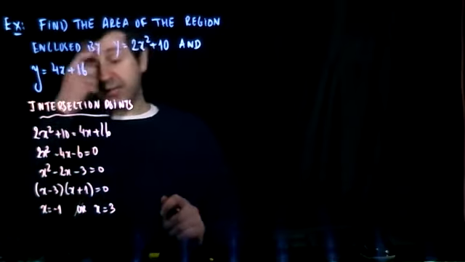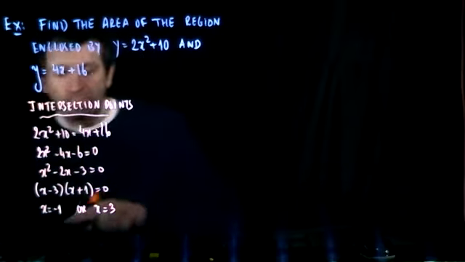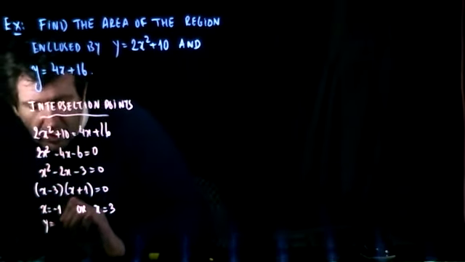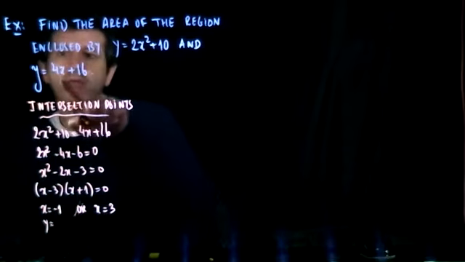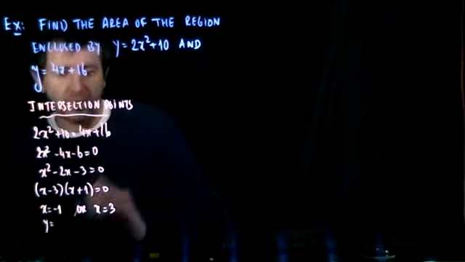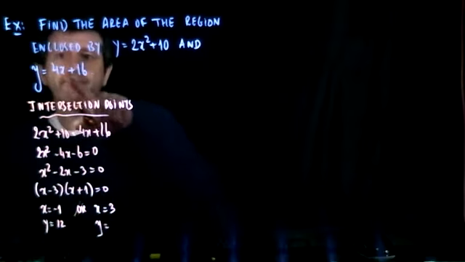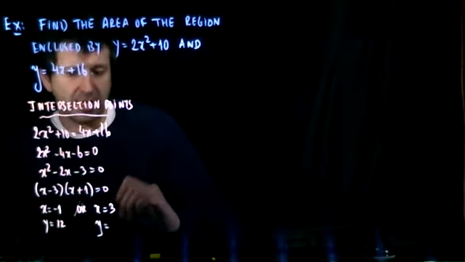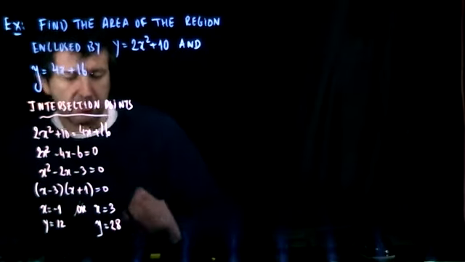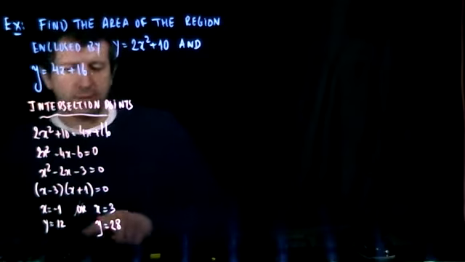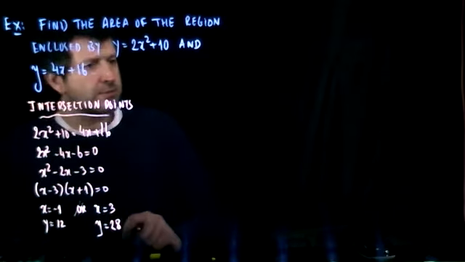You all found this, I guess? Okay, and now if x is -1, then y will be 12. And if x is 3, y is 28. That's what you got? Okay, so these are my two intersection points.